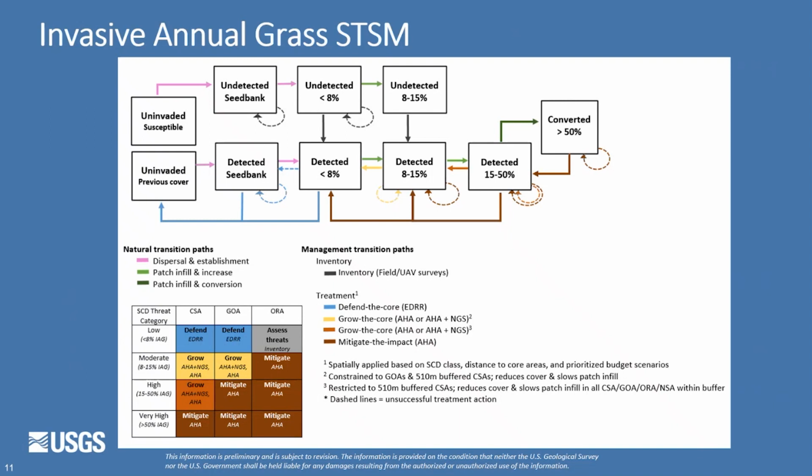So we decided defend was basically an early detection, rapid response type treatment. Grow is doing a more traditional aerial herbicide application, generally followed with some sort of native grass seeding. And then mitigate is just the herbicide application where you're not really trying to get invested in a big restoration project, but just mitigating those impacts.